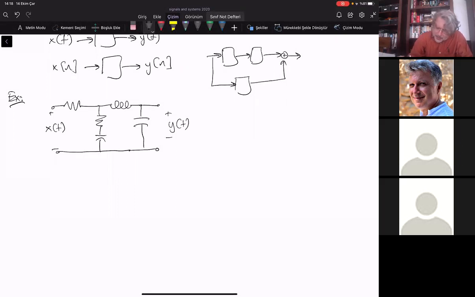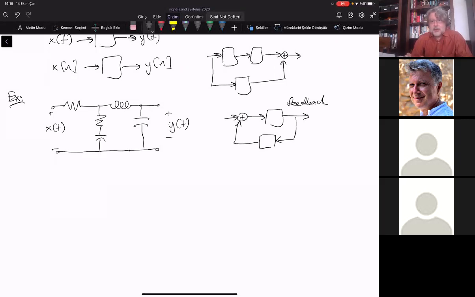A very popular interconnection methodology that is particularly used for control systems is so-called feedback, like this. So there is an input, and then there is an output, and that output is also processed with another system, and that processed signal is added to the input as a feedback. Such things are called feedback systems.